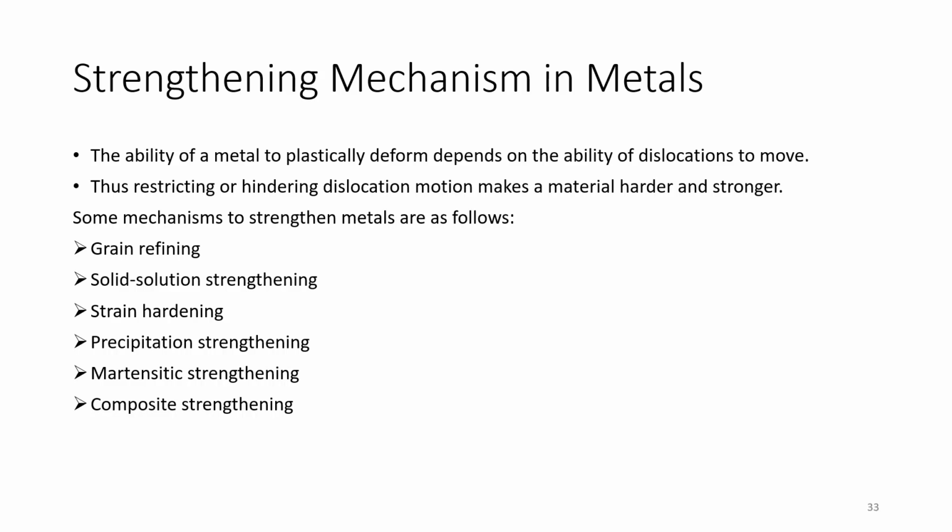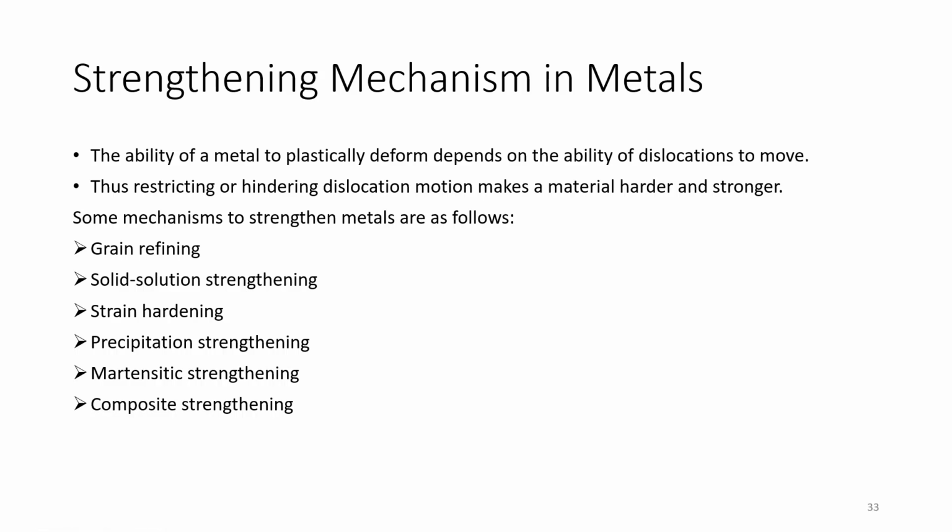So if you are deforming your material, you will be applying some force, some load to your material, then the deformation requires formation of dislocations and the movement of these dislocations. Okay, so if you are restricting or hindering this dislocation motion, then it will make your material harder and stronger.